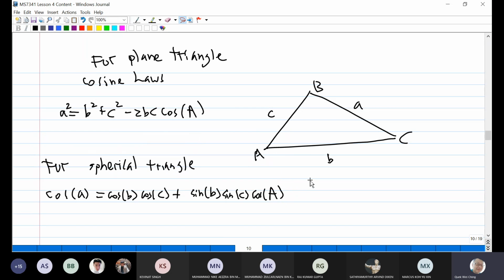I will write down the plane triangle one so that I can make a comparison. I will WhatsApp this to you because sometimes you forget how the plane triangle cosine law looks.